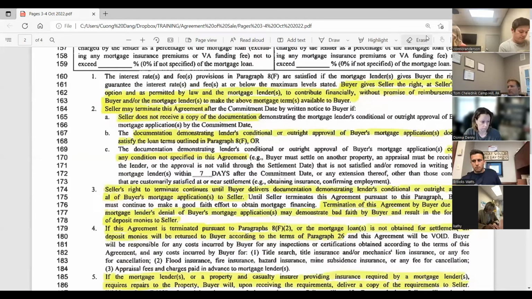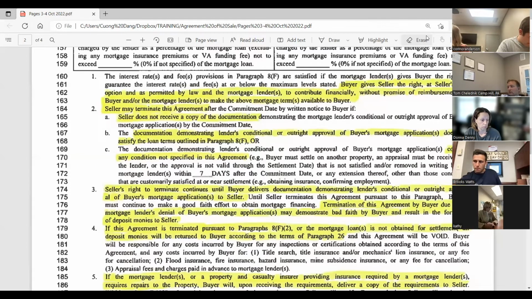So you have a deal and the buyer doesn't have to sell their home, but then the commitment letter says they have to sell their home now. Well, that's not what we agreed upon. How long is that going to take you to sell your house, put it under contract and then settle? Certainly not within the 2 weeks before settlement. So that is another way for the seller to terminate this agreement.